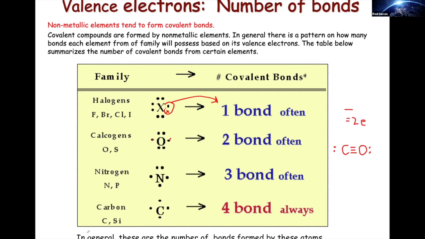These are 2 electrons, one coming from carbon, one coming from oxygen. These are 2 electrons. These are 2 electrons. Remember that carbon has 4. So these are the 4 electrons from the carbon, and these are the 6 electrons from the oxygen.